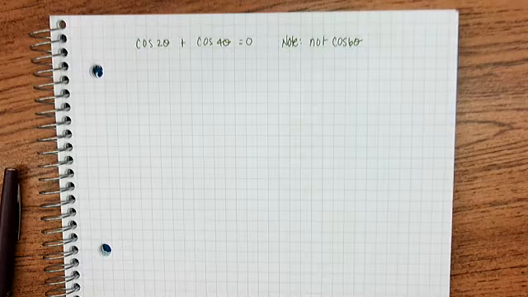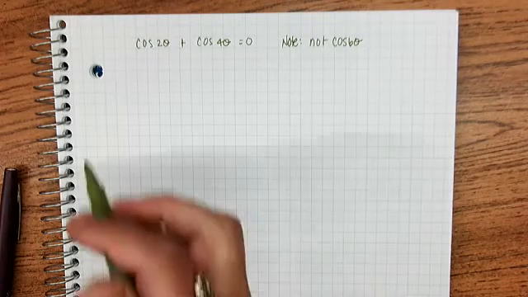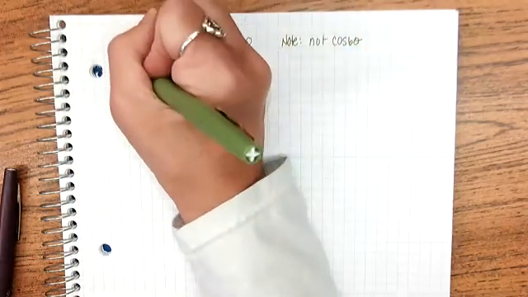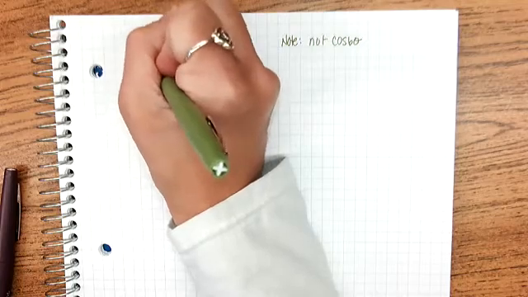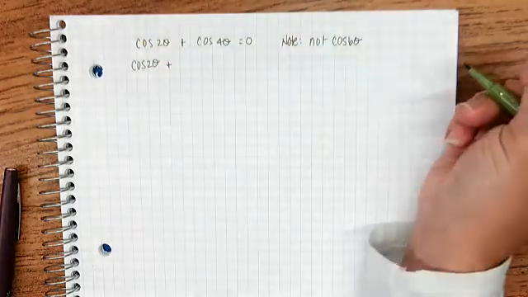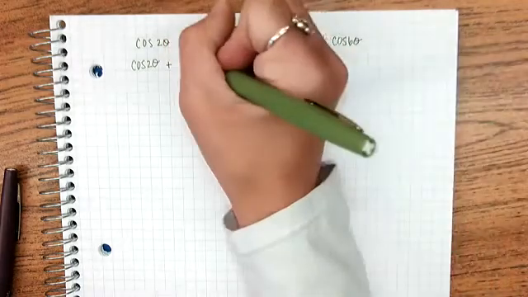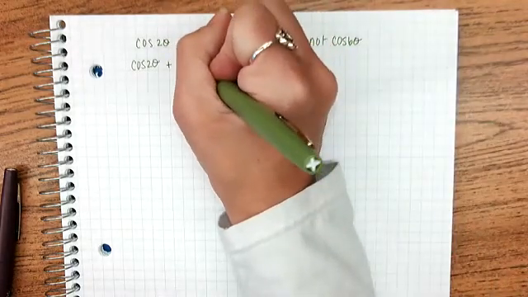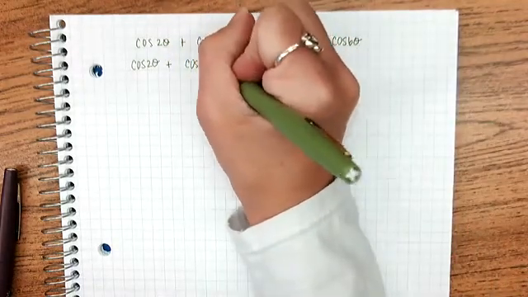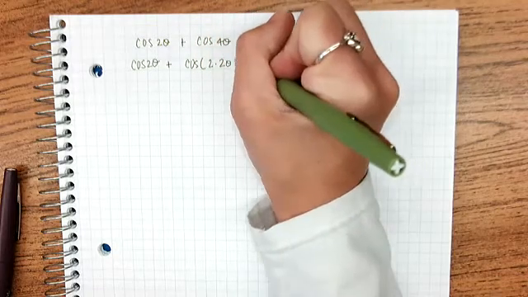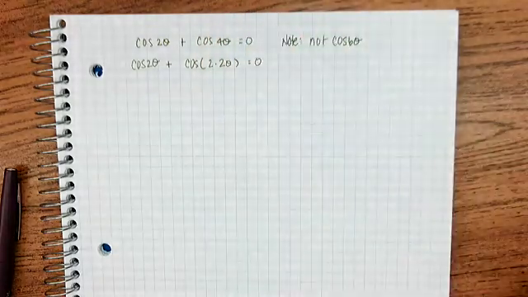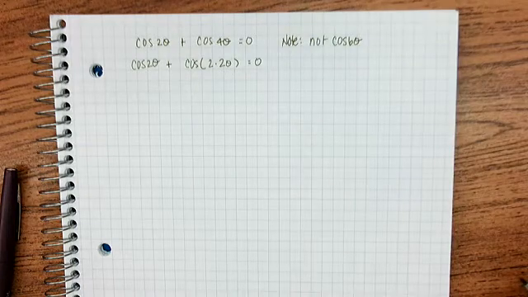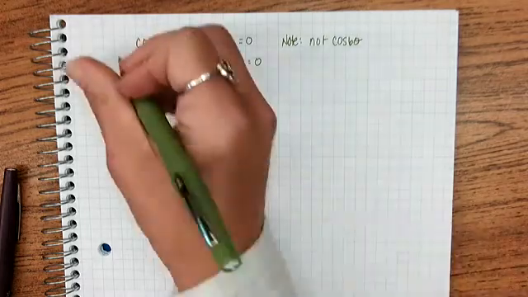Cool. I have a cosine of 2 theta. The cosine of 2 theta I can pull off of my identity sheet. I'm going to do that in a minute. So the cosine of 4 theta is the same thing as the cosine of 2 times 2 theta. Okay.